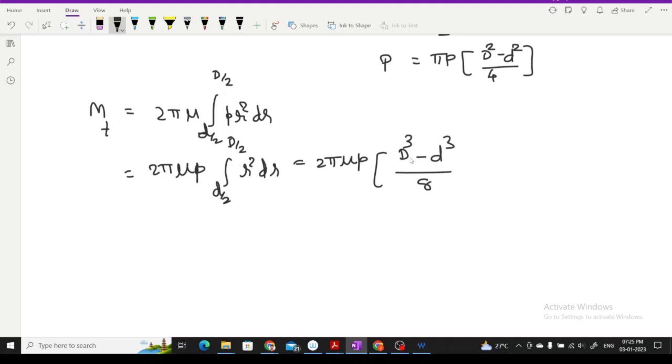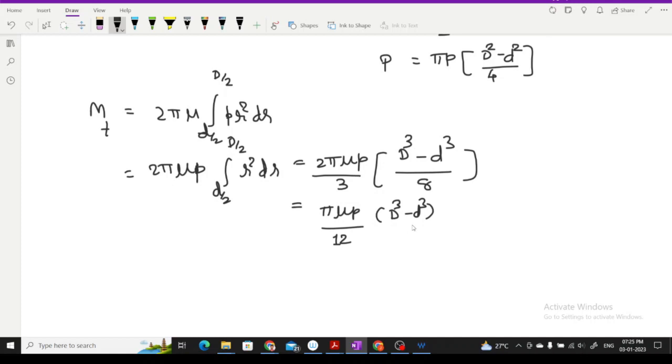But in that integration it will be r cube by 3, so that 3 I am putting here, right? If you do further simplification, it will be pi mu p upon 12, into D cube minus d cube.